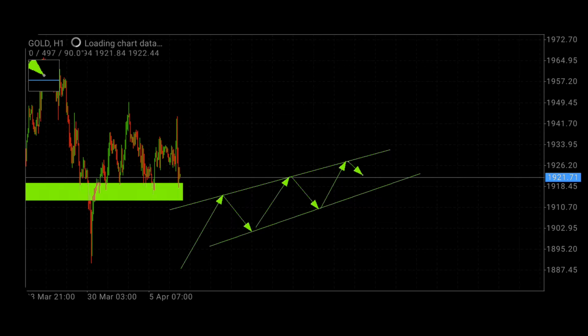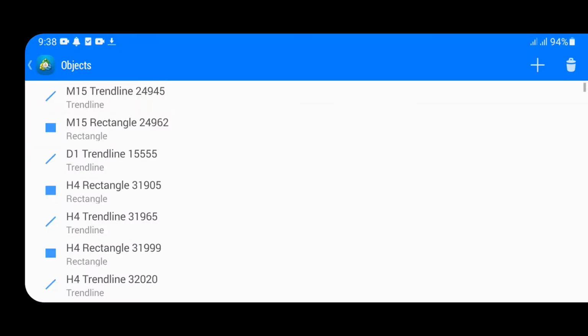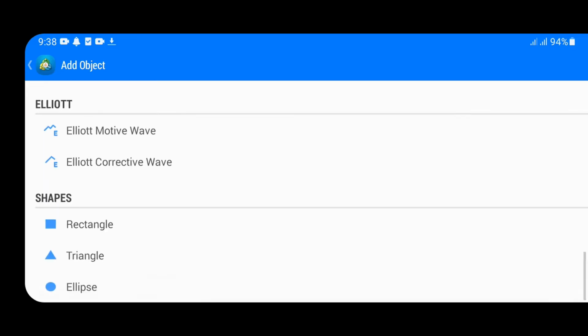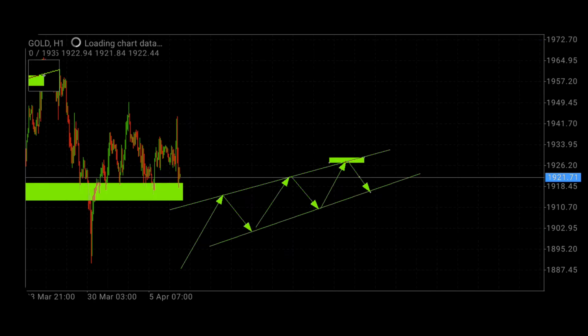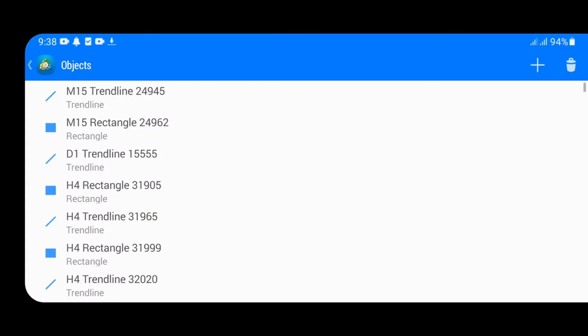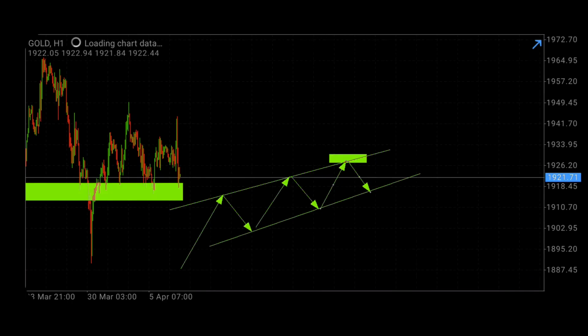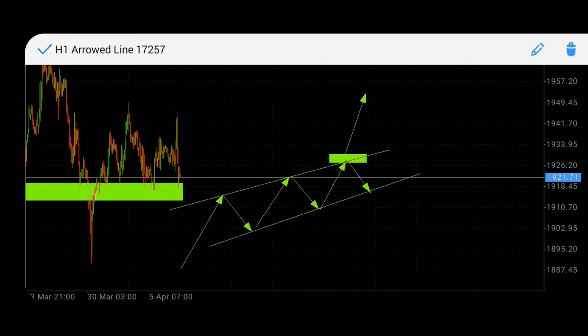So we are anticipating a sell-off where we can sell at these areas. That's where we place our trade if the market doesn't break out and continue to the upside.